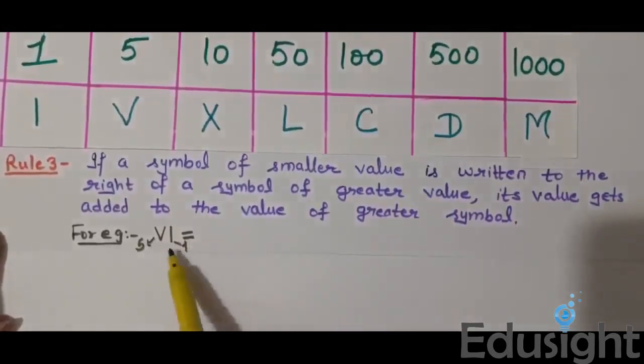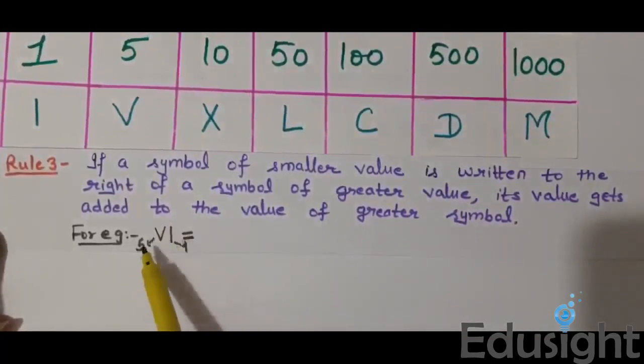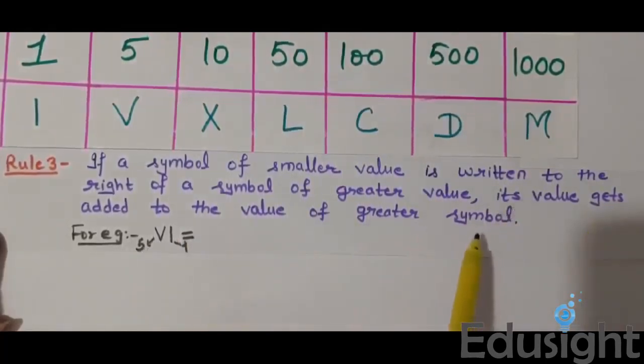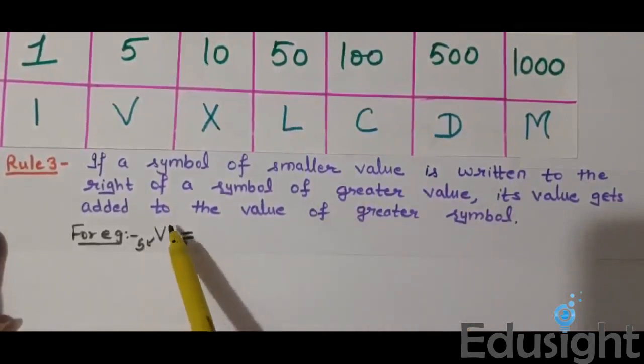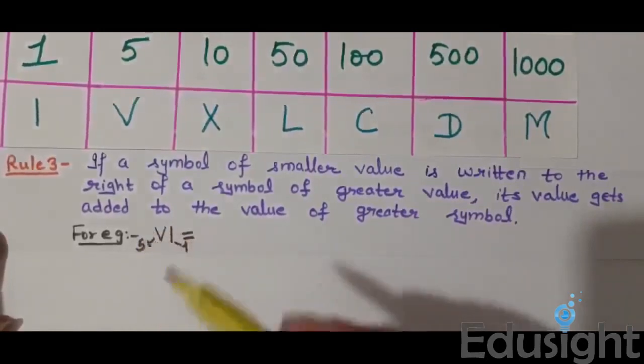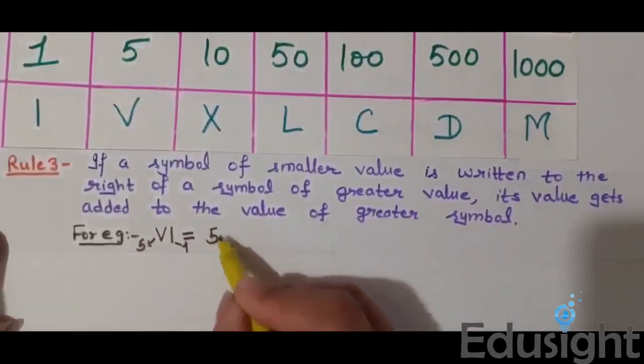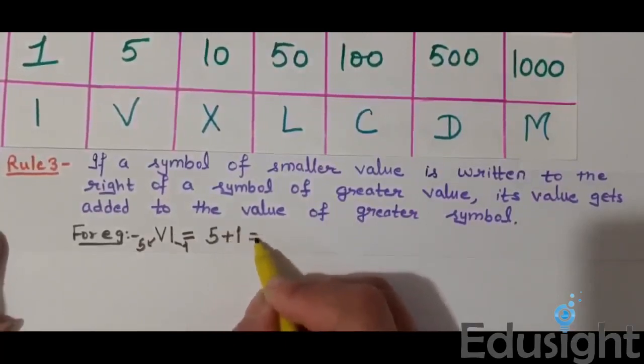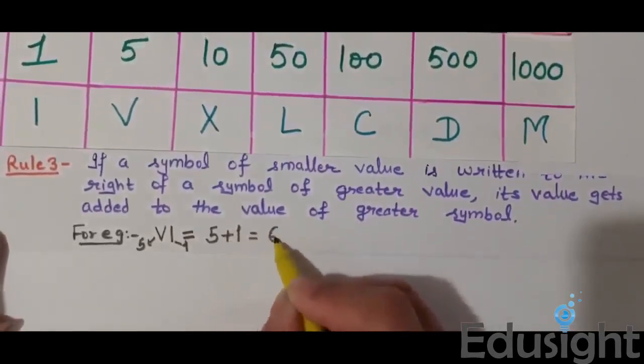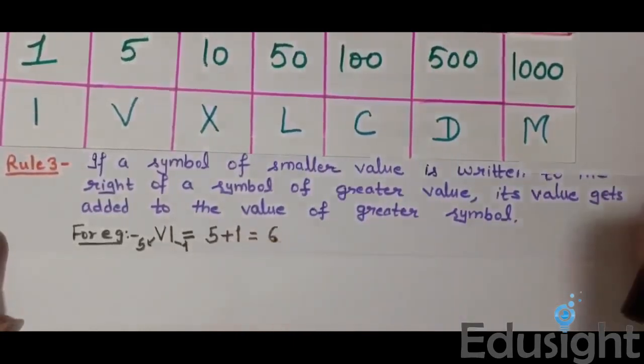And the symbol of smaller value is written on the right side of the symbol of greater value. Right? I is written on the right side of V, and I is smaller than V. Now read the second part: its value gets added to the value of the greater symbol. It means we simply add them. 5 plus 1 is 6. So, the Roman numeral for 6 is VI.